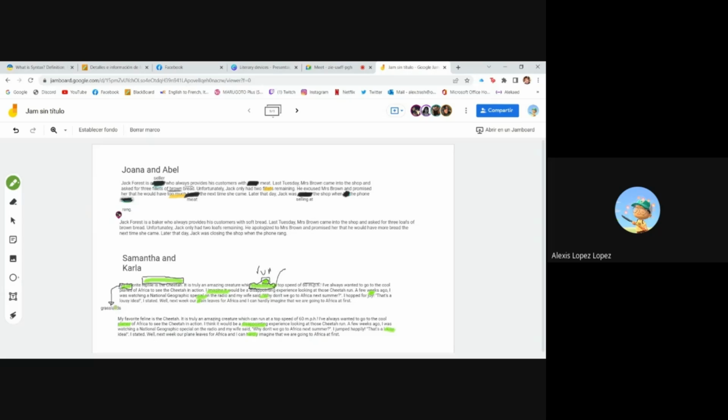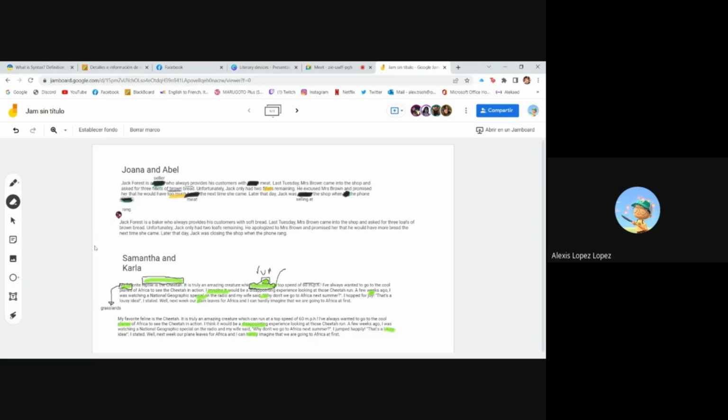Okay. So I see there's still some corrections to be made. Here it says, I've always wanted to go to the cool. Okay. What would you replace this for? Did you say something about grasslands, right? Yes.